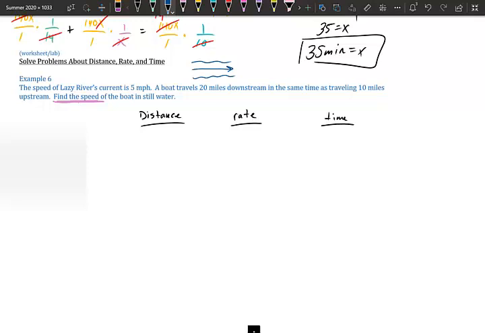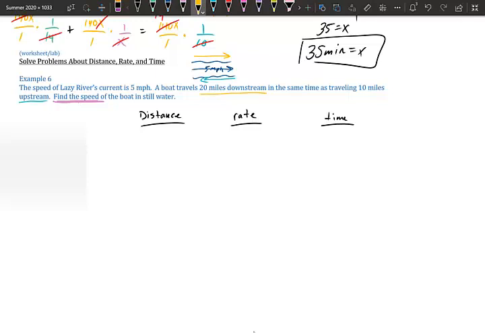It's telling me that the river is moving at 5 miles per hour. So if the boat travels downstream, it's going with the current. If it's going upstream, you're going against the current.